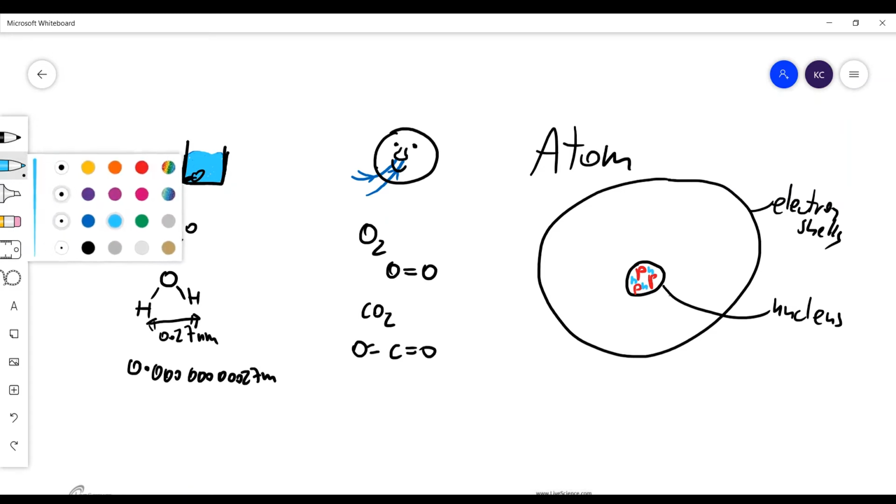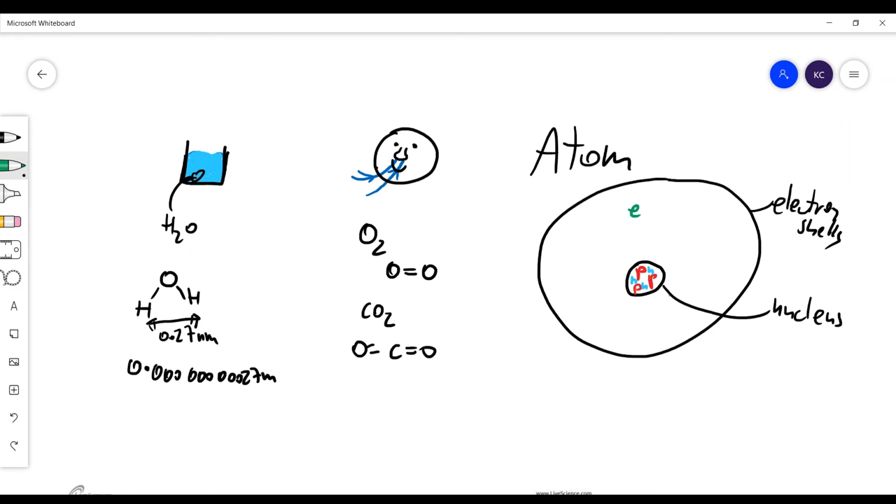And in the electron shells there are electrons. It's probably not as visible from this picture, but the nucleus is actually very small compared to the electron shells, and the electron shells take most of the volume of the atom. However, the nucleus is the heaviest part of the atom and it gives it the most weight.